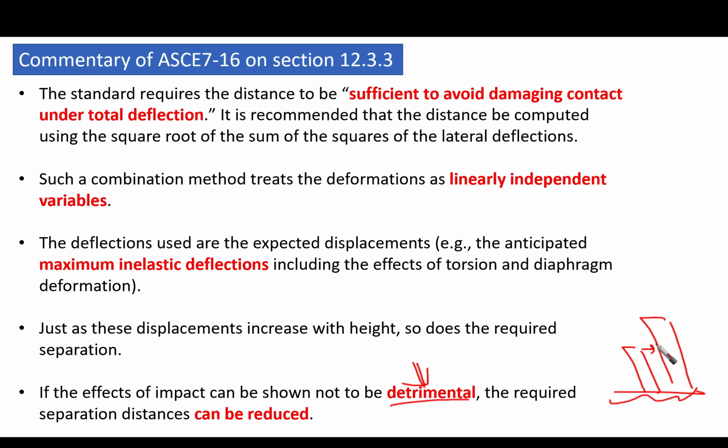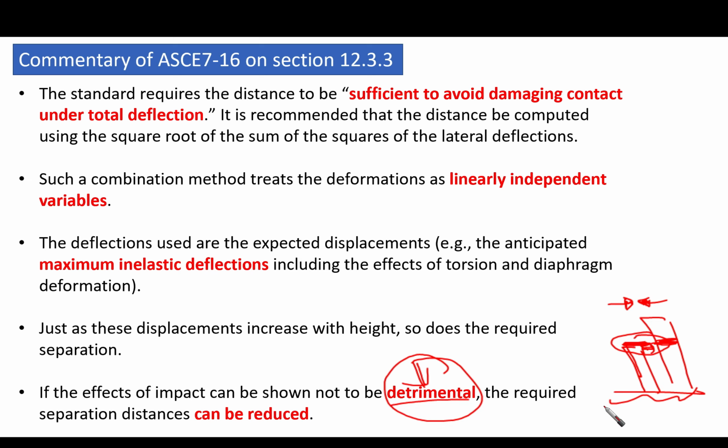So if we simulate this impact and analyze it using FEM, for example, and we find that this impact is not going to make a great deal on one another, for example, if they have the same floor masses, and if they collide there would be minimum damage, and this kind of impact is not going to be detrimental, it means that it will not control our design.